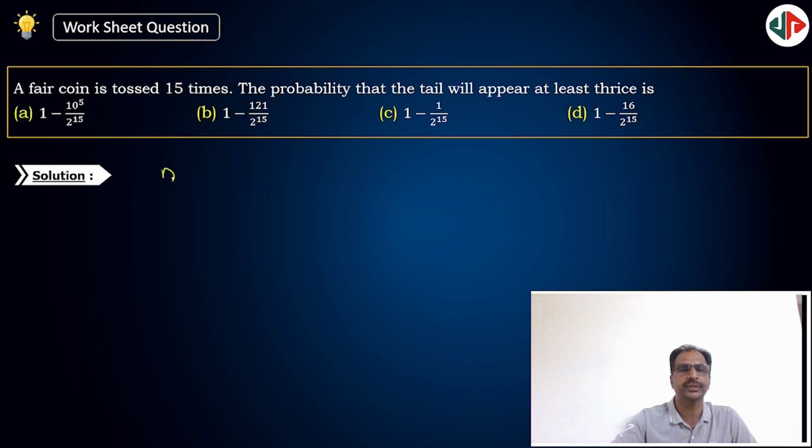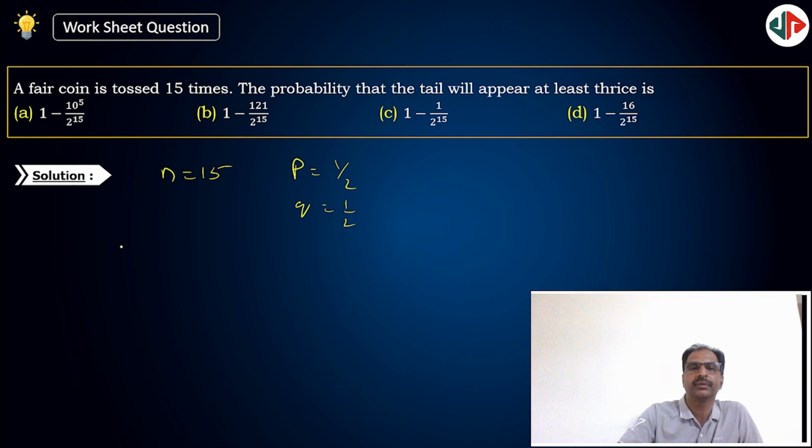A coin is tossed 15 times, so n is 15. And here the success is getting tail. So what is the probability of getting tail when a coin is tossed once? 1 by 2. So q is also 1 by 2. Now the probability that tail will appear at least 3 times. At least 3 means greater than or equal to 3.